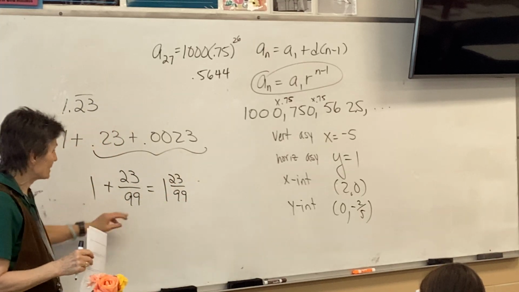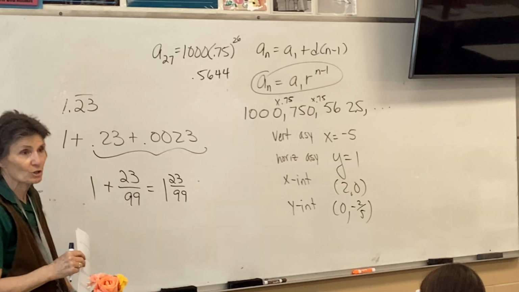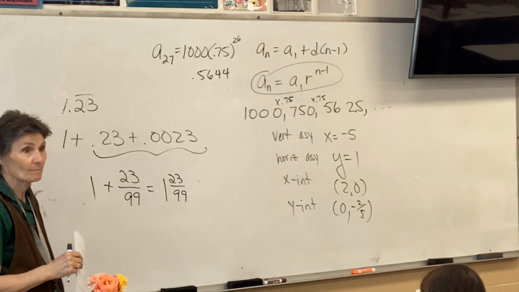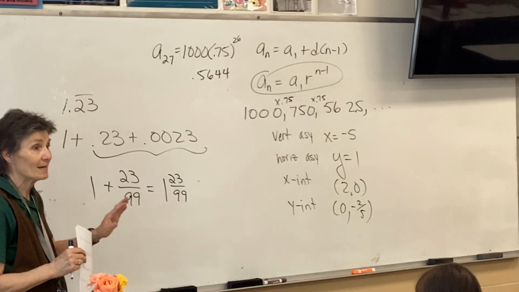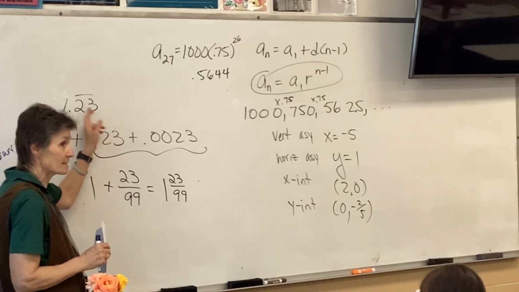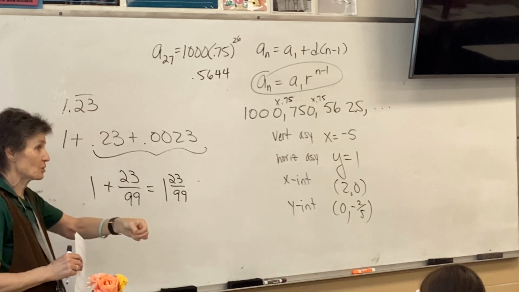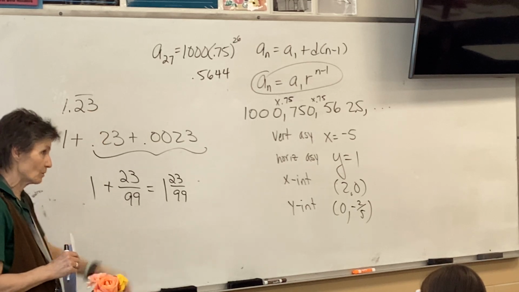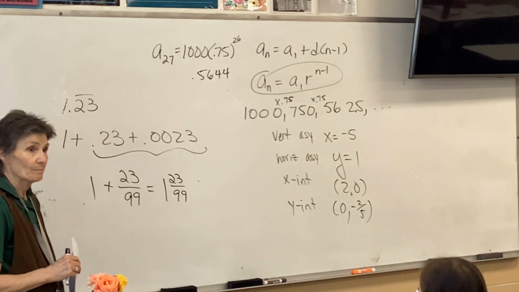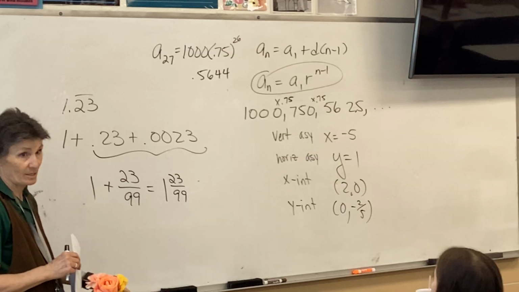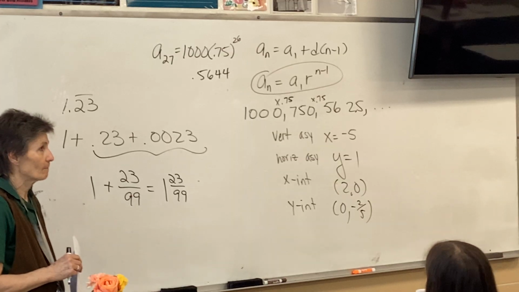Or you could get a common denominator and make an improper fraction, but that would be good enough. Remember, if there's no non-repeating stuff in there, 2 digits are over 99, 1 digit's over 9. Those are easier than the ones that have the other stuff.